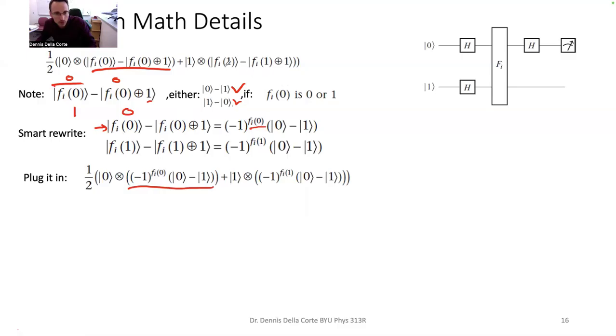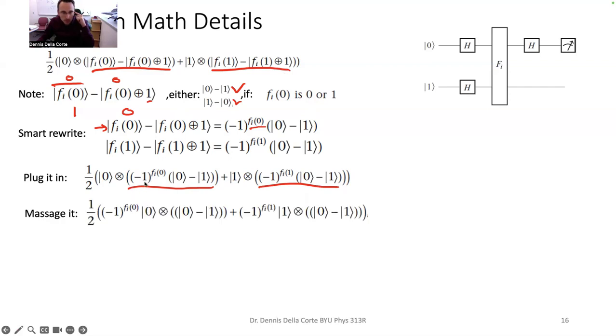And then we can do the same thing for this expression, rewriting it like that. Okay, once we have done that, we see now a bunch of parentheses and tensor products. It looks very messy, but we can massage it a little bit, maybe clean it up a little bit. And we are just flipping around here where these terms are.